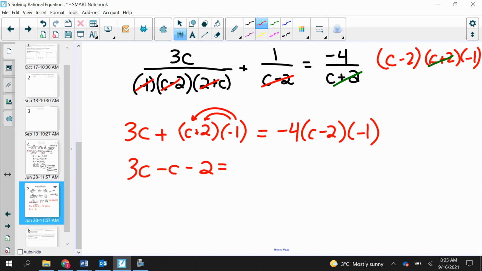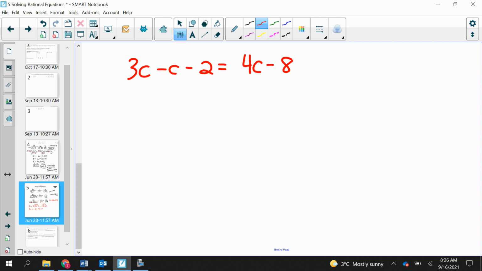I'm going to not skip a step: -1 times -4 is going to be +4. And then I can use my distributive property through here, so 4c, subtracting 2. Now combining all your c's on the same side, all your constants on the other side. 3c minus c is 2c.